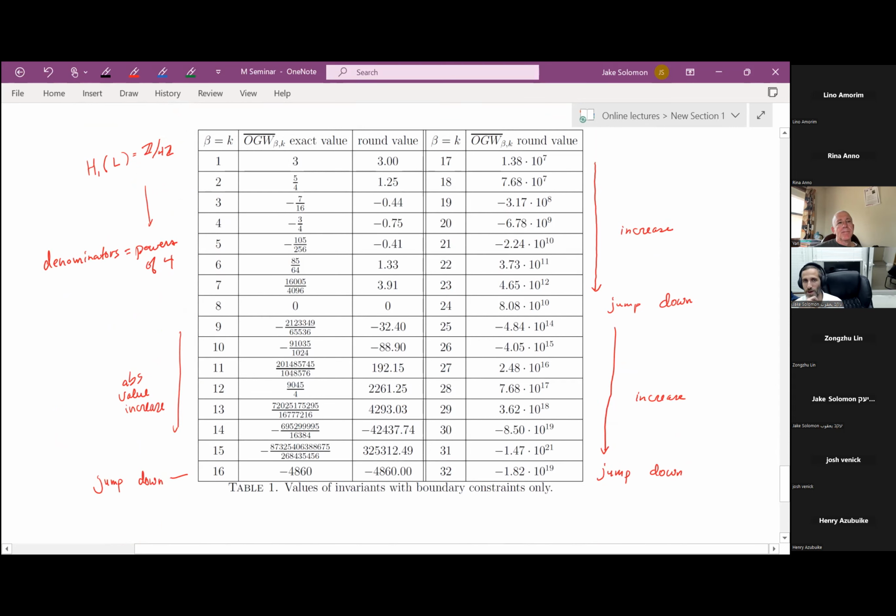In RP^n, I think they alternate plus, minus, plus, minus. Oh, okay. But when I saw the signs at first, I assumed there was no pattern at all. But then I checked a little more carefully, and there was a pattern. But it's definitely not just plus, minus, plus, minus.